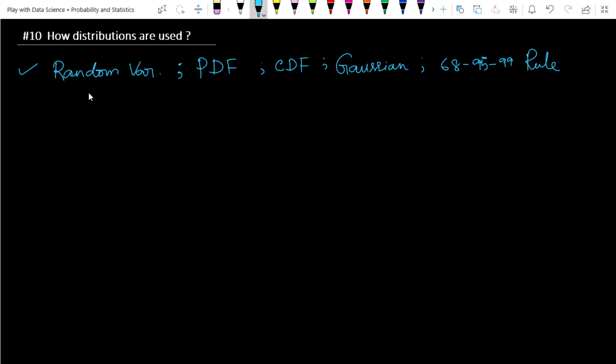Now in this lecture we will see where these distributions we have to use. Actually, in probability these things are mainly useful in data analysis, in answering the questions about the data.